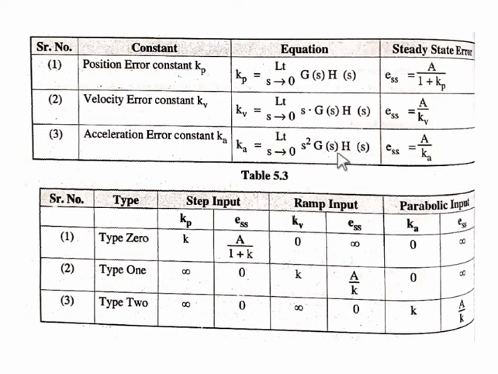Now we have the different values of Kp, Kv, and Ka for type 0, type 1, and type 2 systems. For Kp, the type 0 system it is K, and for type 1 it is infinity. All the values of Kp, Kv, and Ka are derived. So remember this table to find out the steady state error for the different types of input and for different types of systems.